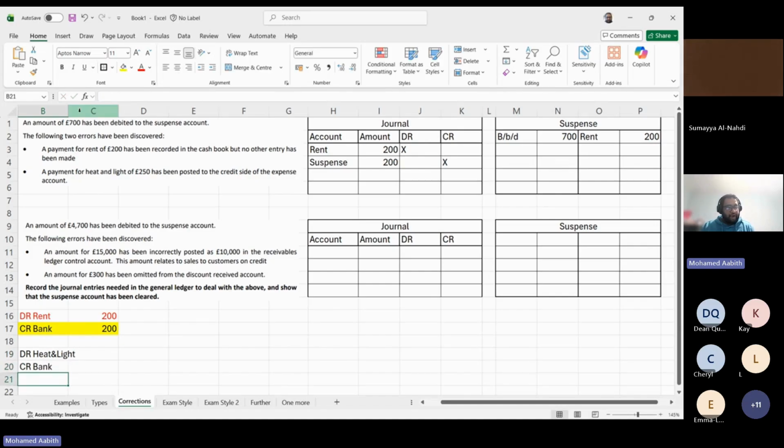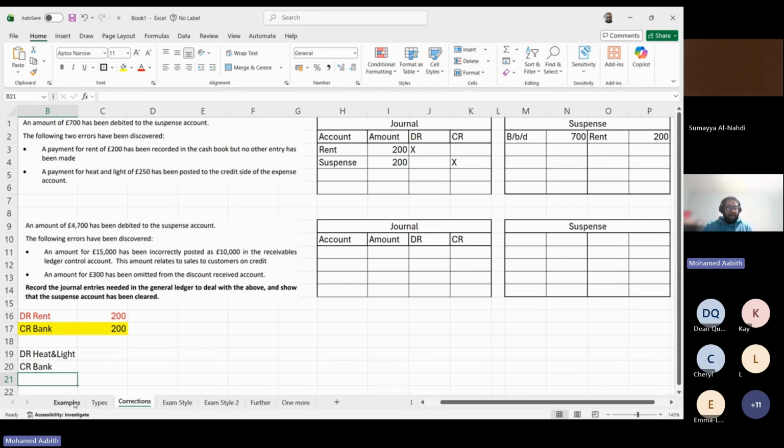This is what I should have done. But what I have done here, instead of that, I also did this on the credit side. So here, 250 and 250. So this account is incorrect. Instead of a debit entry, we have the entry on the credit side.